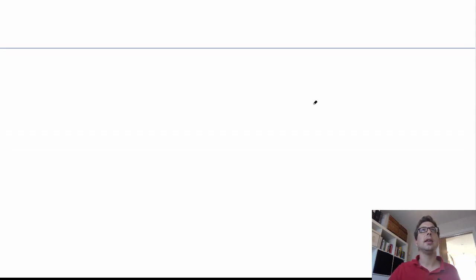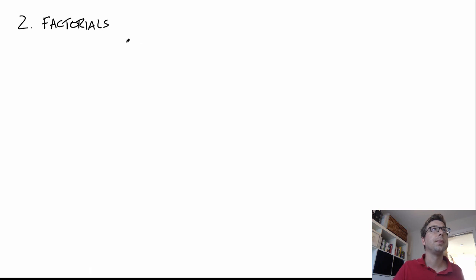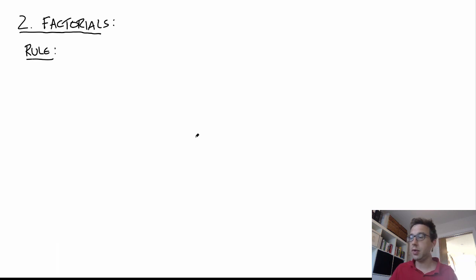Now let's twist this problem a little bit, not too much in fact, in order to consider factorials. The rule I'm going to change a little bit. I'm still going to have the same setting where I replace the cards back in the deck after dealing them.